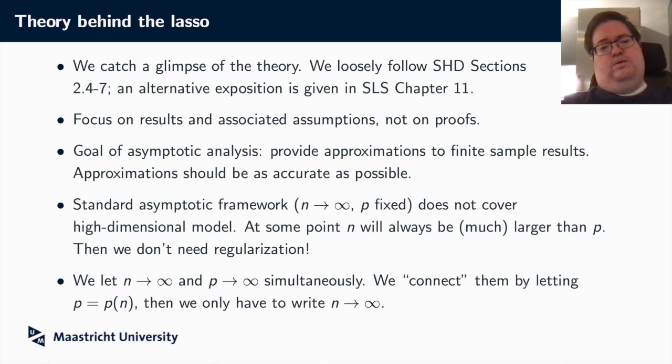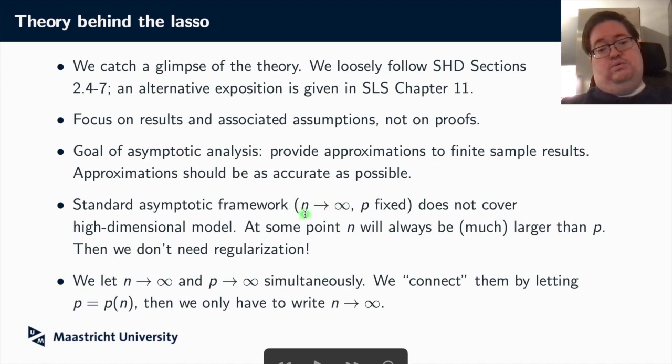Now, we will do asymptotic analysis, but we should realize that asymptotic analysis is different in high dimensions than usual. So what do we normally do? We take our sample size n and we let n go to infinity. We ask what happens when n goes to infinity.